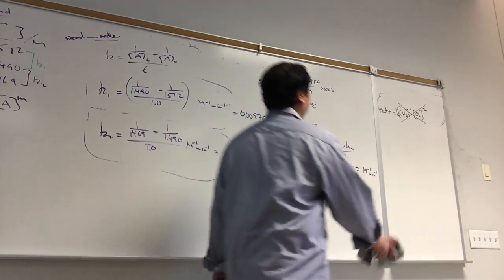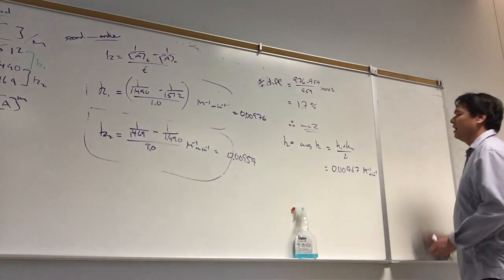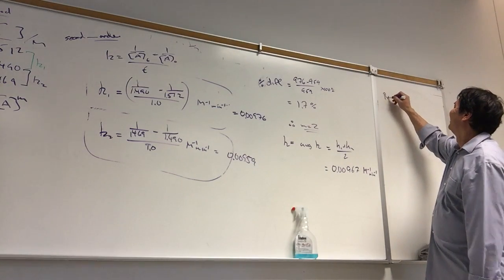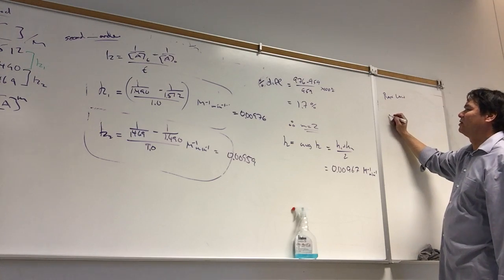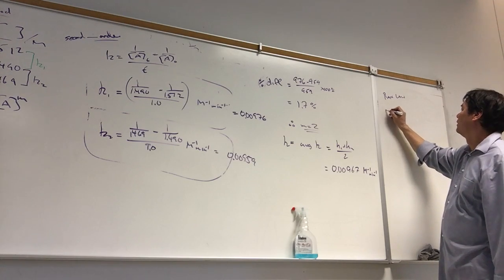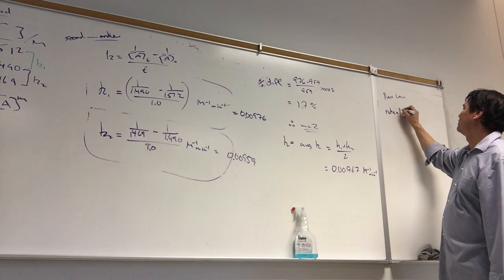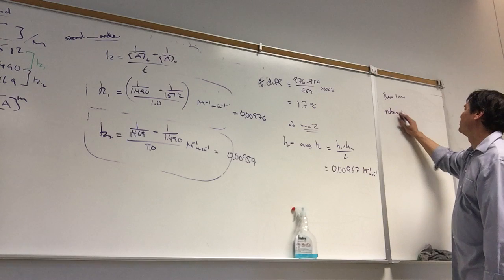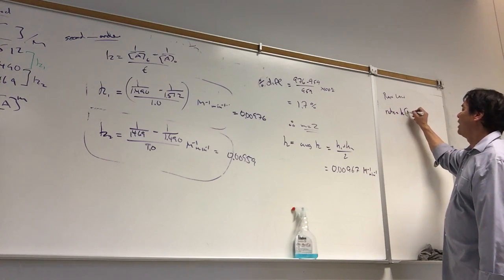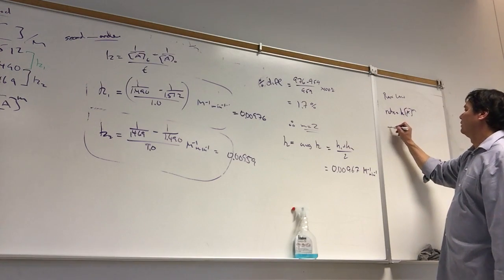And so what we're going to end up with is the rate law. The rate law is going to look like this. The rate is equal to K A to the M. We know what K is.